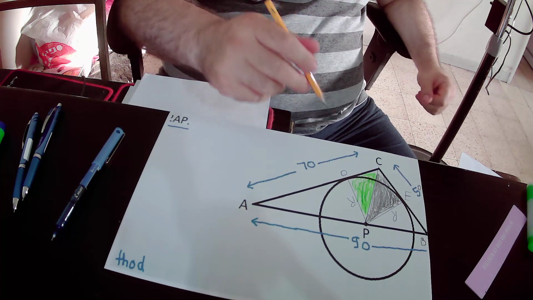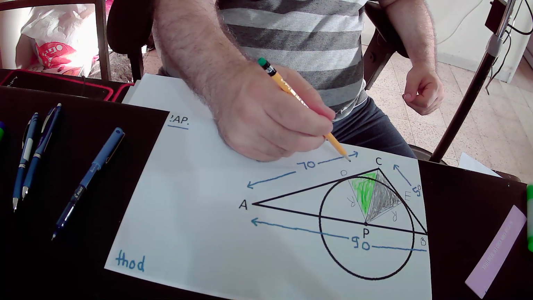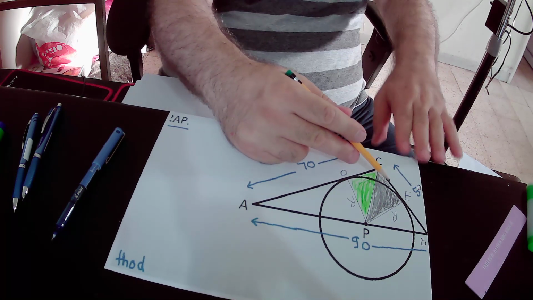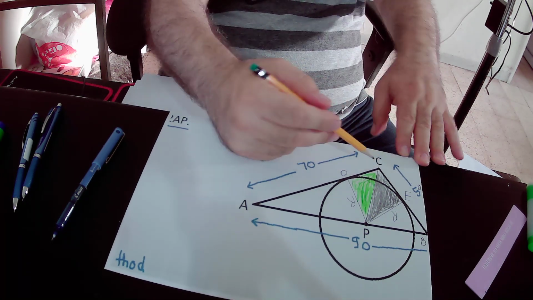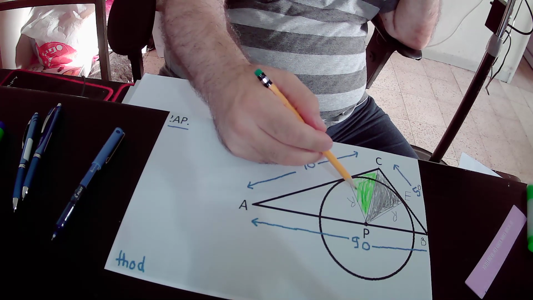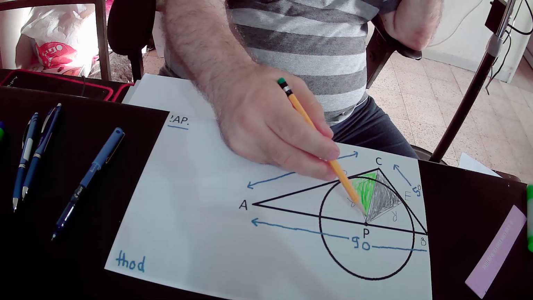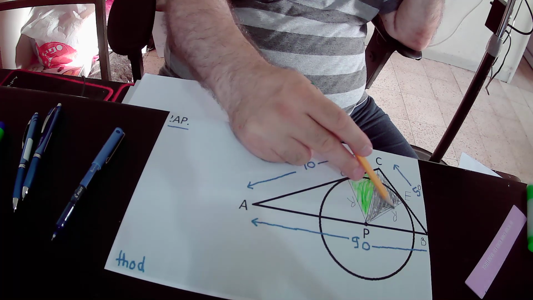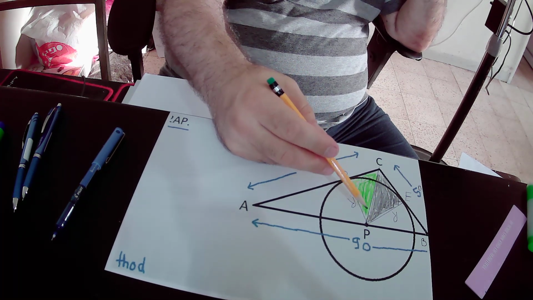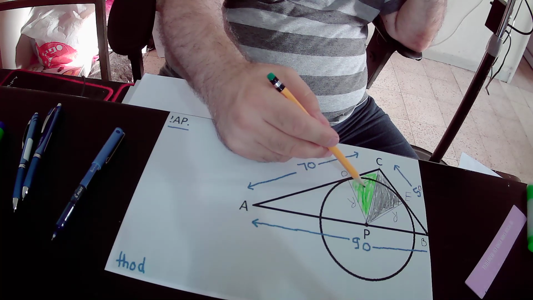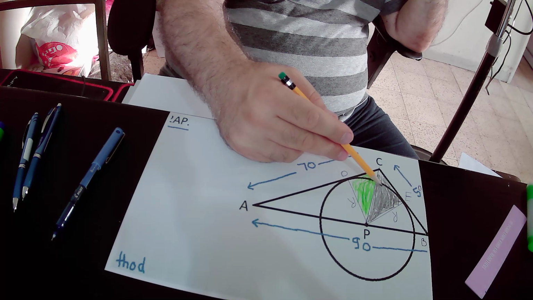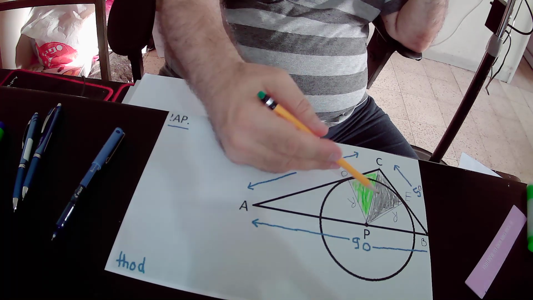Why? Because side CO of the green triangle is equal to side CE of the black triangle, side PO of the green triangle is equal to side PE of the black triangle, and side CP of the green triangle is equal to side CP of the black triangle.